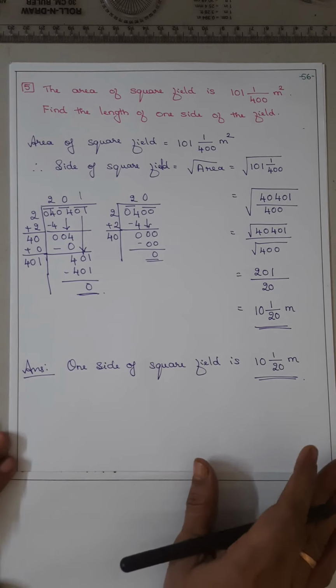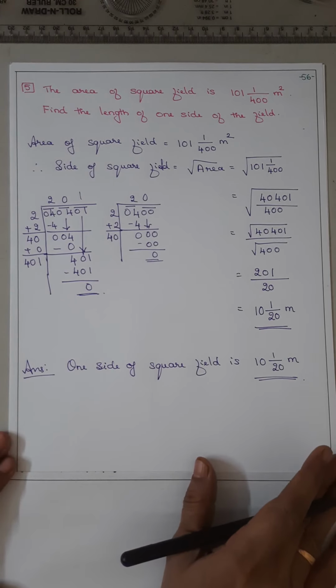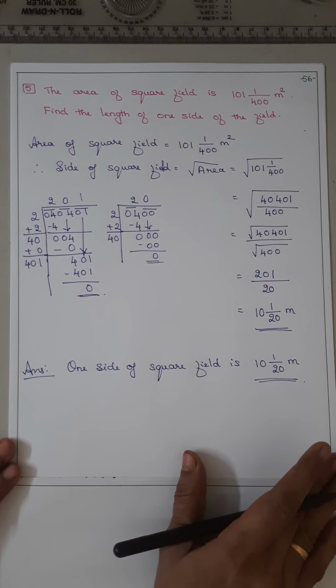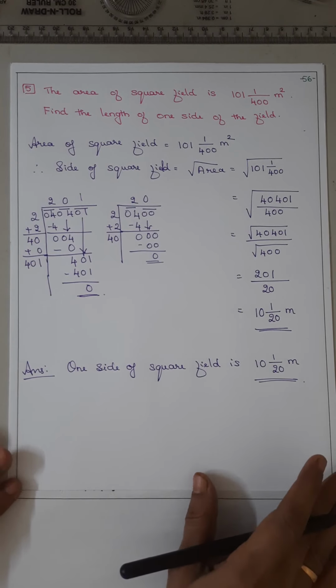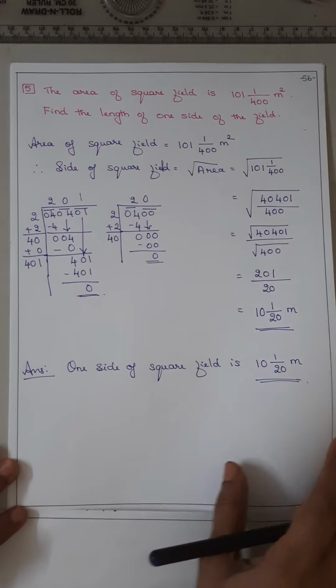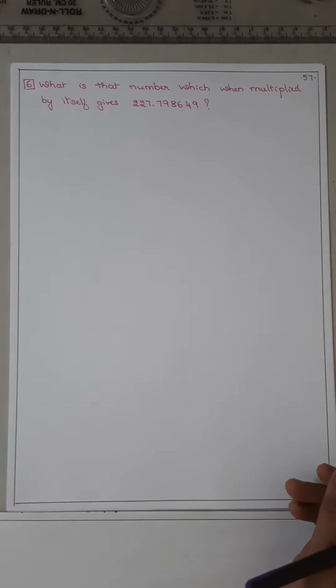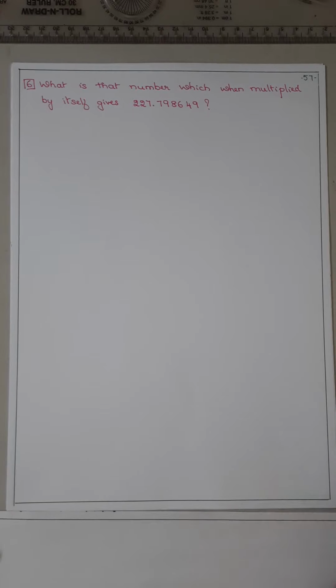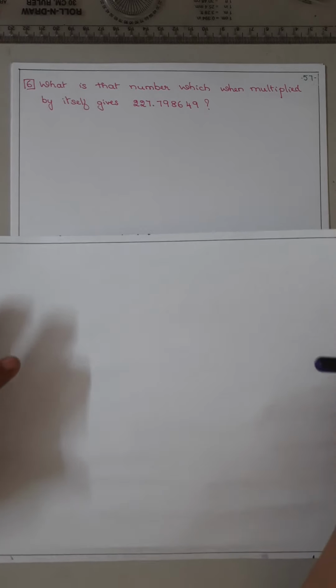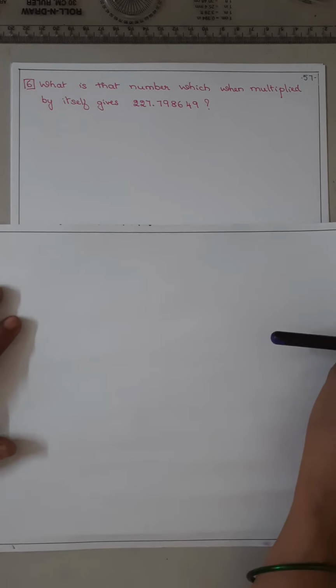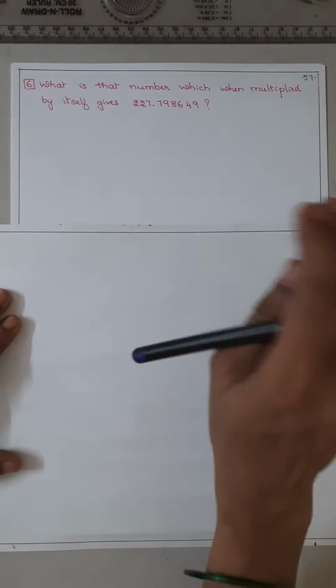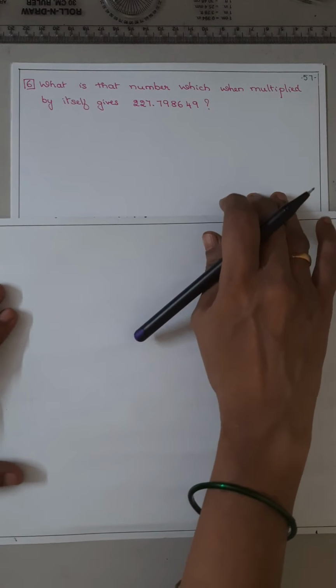So area is given, find out the side, that is square root of area, and whatever method we have learned, that same method we have to follow. Now coming to the sixth sum, it is what is that number which when multiplied by itself gives this number.